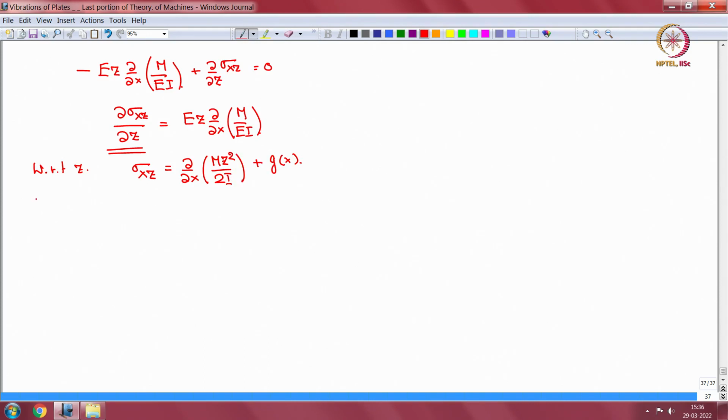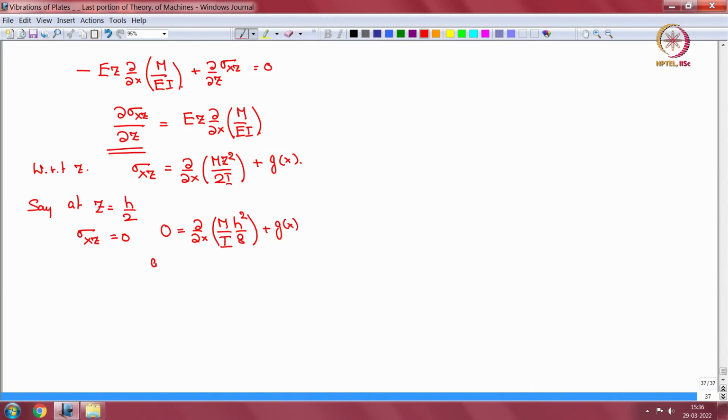Say at z equal to plus h by 2 my sigma xz equal to 0, then I have 0 is equal to del by del x of M by I h square by 8 plus g of x, right.